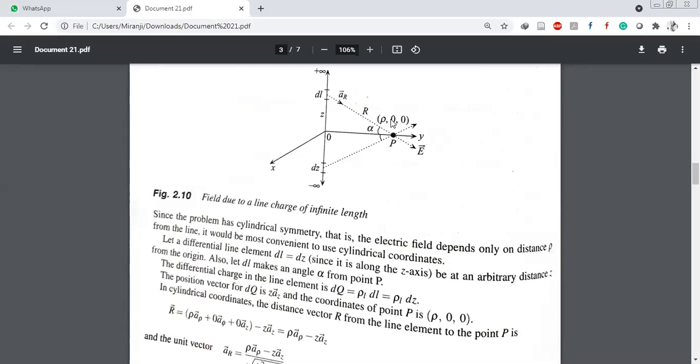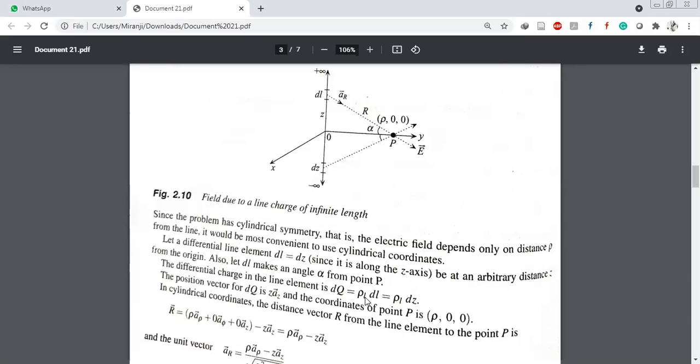That's why the point is rho comma 0 comma 0, the distance they consider as rho. From the line, it would be most convenient to use cylindrical coordinates here, in comparison with the Cartesian coordinate system. The differential length element dl is in the direction of z, so they consider it as dz, at a distance z from the origin. Also let dl make an angle alpha from the point P.